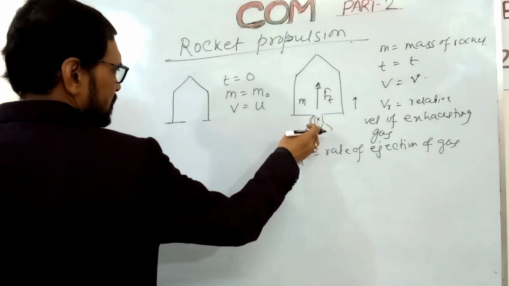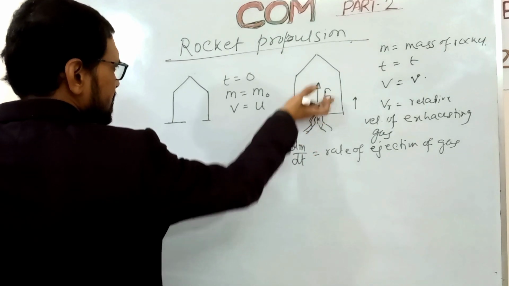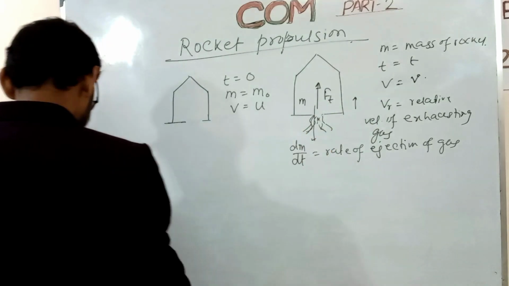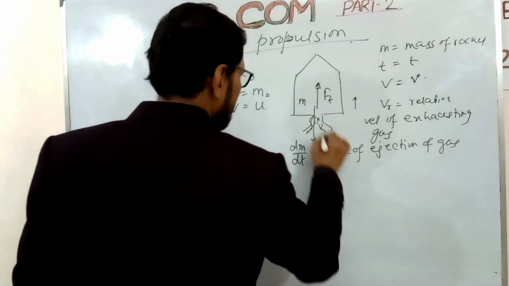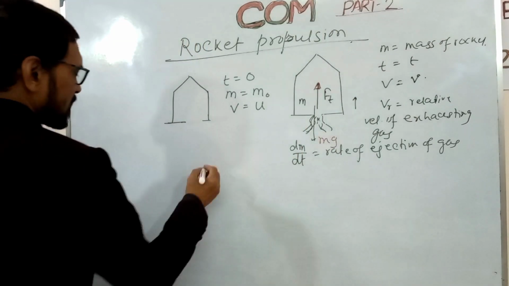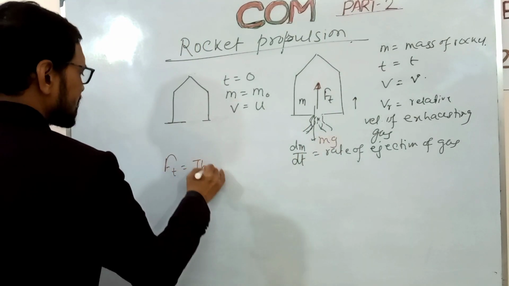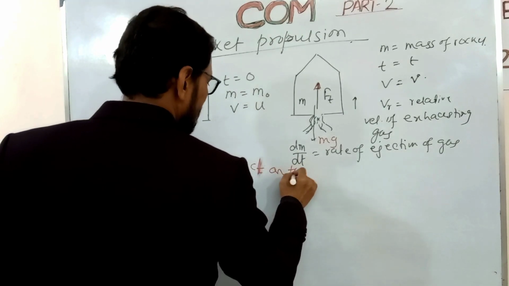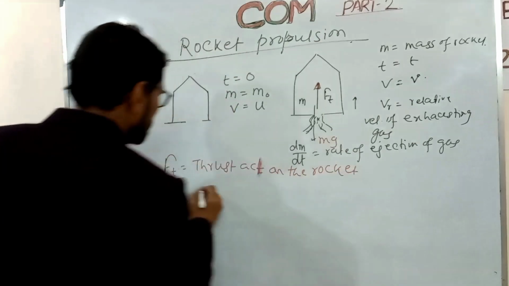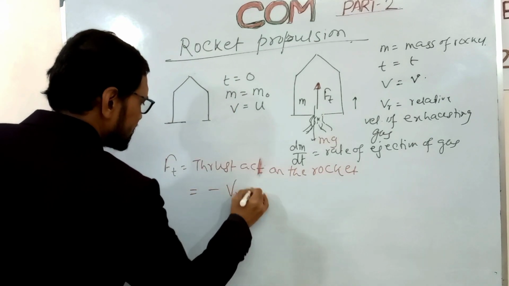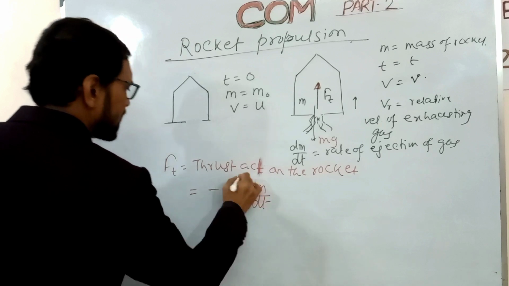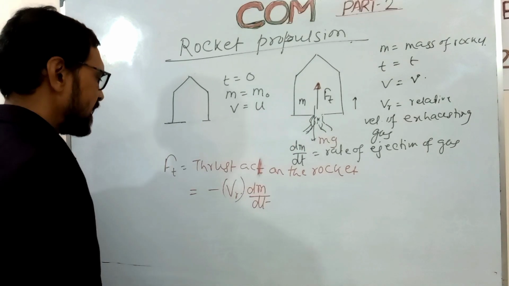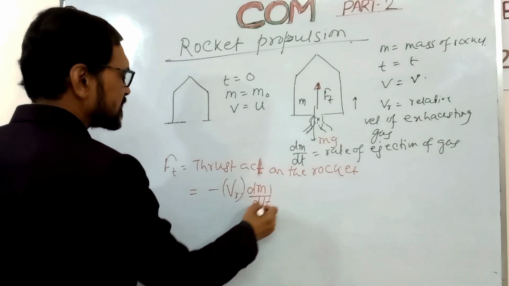Now the thrust due to ejection of the gas acts on the rocket, and the weight of the rocket acts downward, and thrust acts upward. So what is the value of the thrust? Ft equal to the thrust acting on the rocket, which is minus Vr dm by dt. Here Vr is the relative velocity of exhausting gas with respect to the rocket, and dm by dt is the rate of ejection of the gas flow.